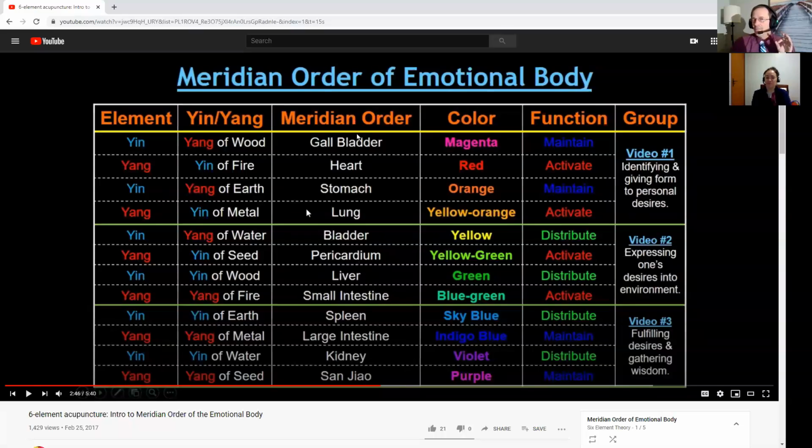So let's say you did gallbladder and liver. Now you've balanced Sanjiao. You're picking liver because the Sanjiao will go into liver. And now you're going to come back and pick a meridian that flows into the Sanjiao. Let's say you just want kidney because there's so much pain there.